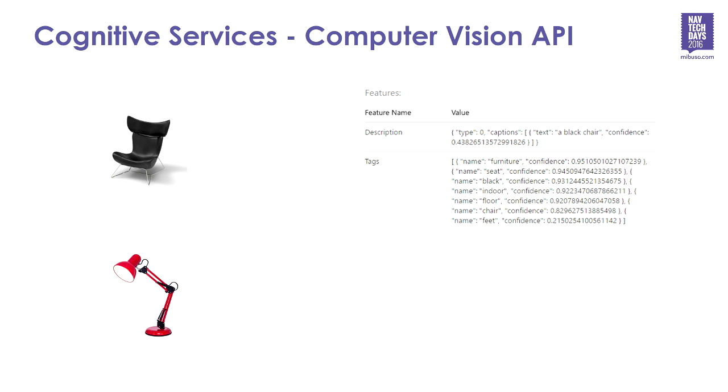Or maybe not super confident, but with 44% certainty, it thinks it's a black chair. It's very confident that it's furniture, a seat, that it's black, that it's for indoor, on the floor, and it's a chair. And not so confident that it's actually feet, which is good.